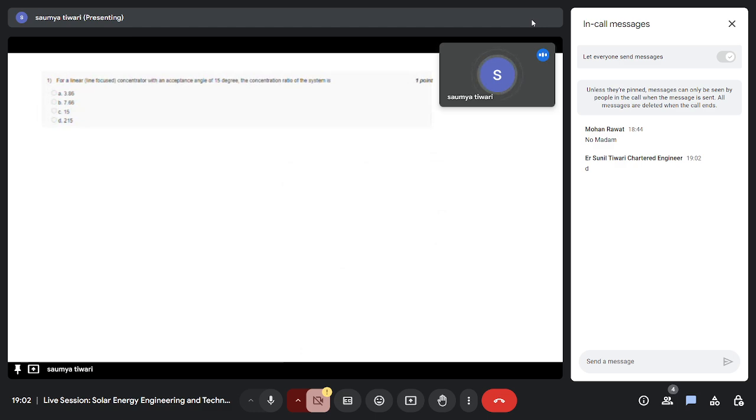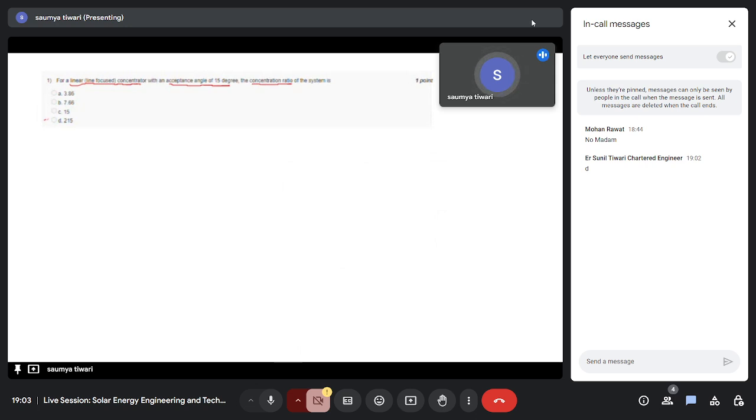Okay, we have got one answer, option D. Okay, let's see the solution for this question. For a linear line focus concentrator with an acceptance angle of 15 degree, what is the concentration ratio of the system?